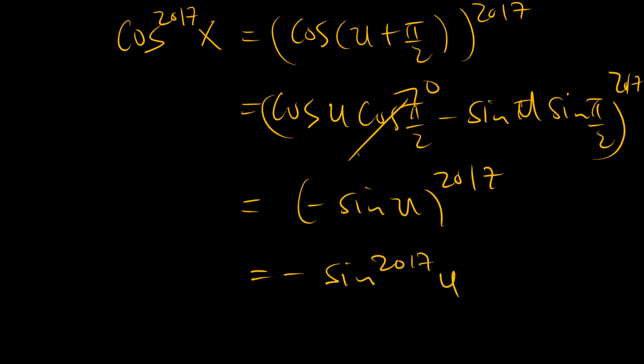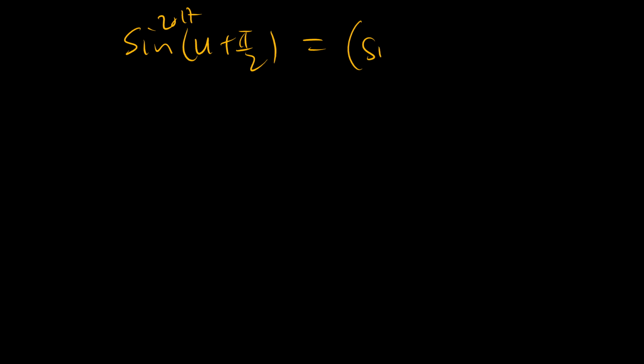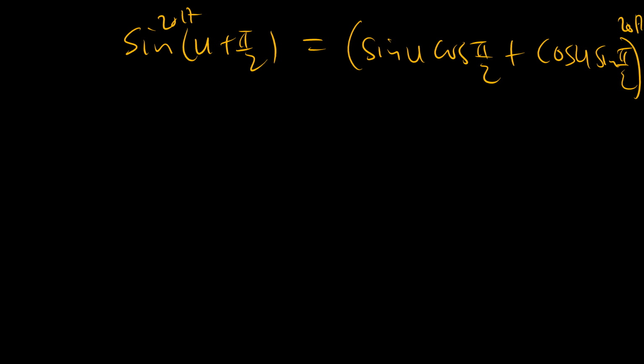Okay, then what about sine to the power 2017 of x, which is u plus pi over 2? This is the same as sine u cosine pi over 2 plus cosine u sine pi over 2 all to the power 2017.